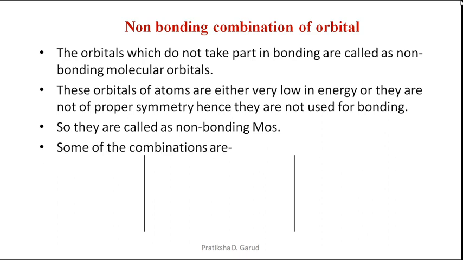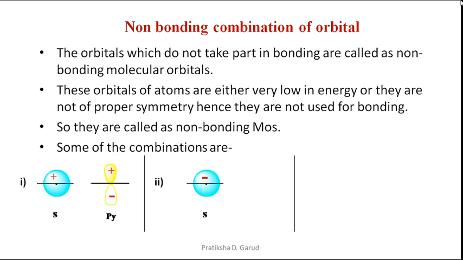Some of the examples of combinations are, the first type is when we are having the 1s orbital and it undergoes combination with the py orbital. Now if you see these two orbitals, they do not have proper symmetry for bonding, hence they form the non-bonding molecular orbitals, which is called the NBMO. The second example is we are having an s orbital which has a minus sign and a px orbital.